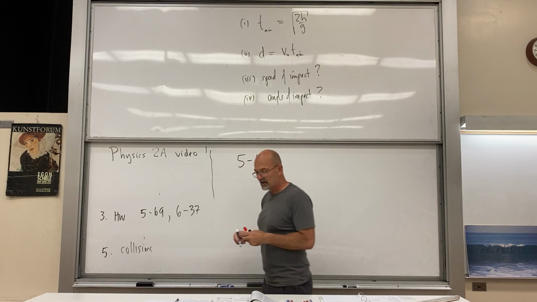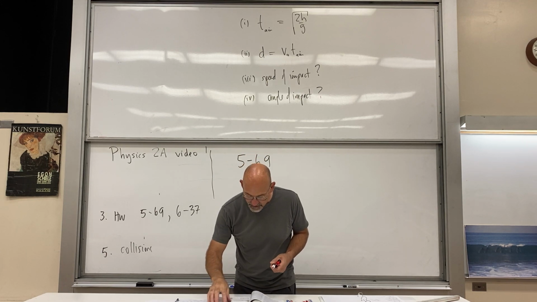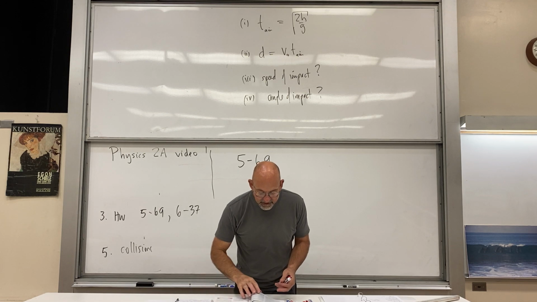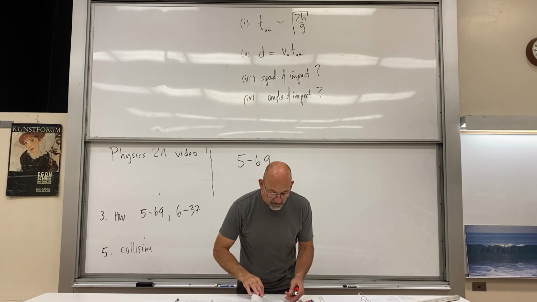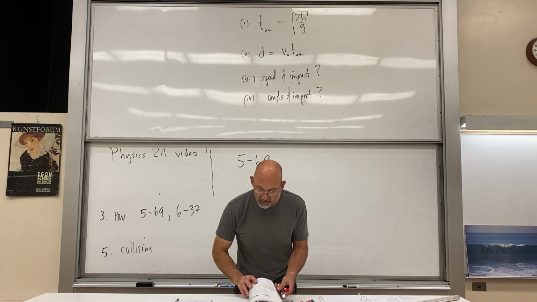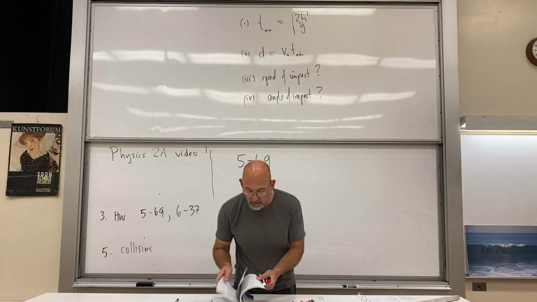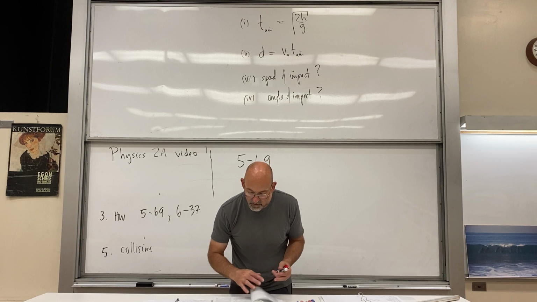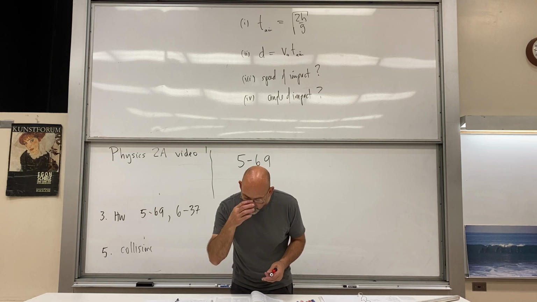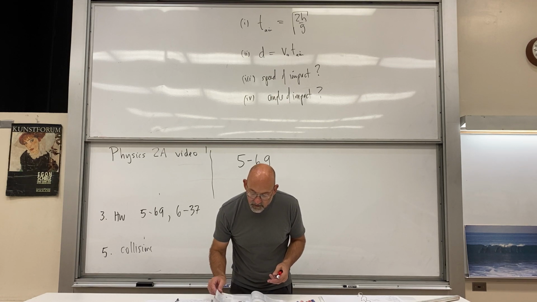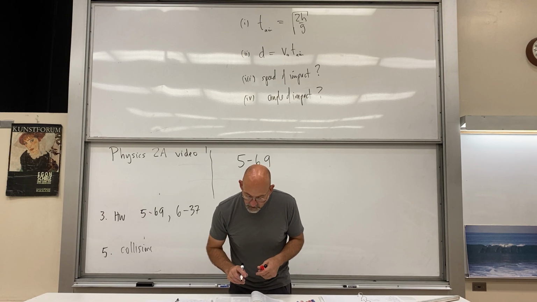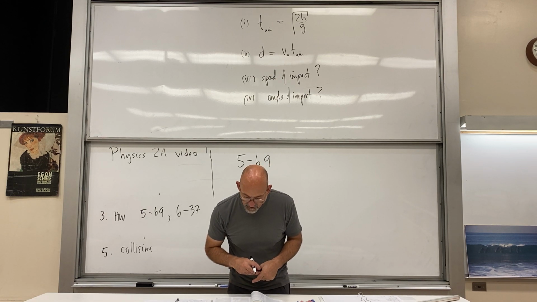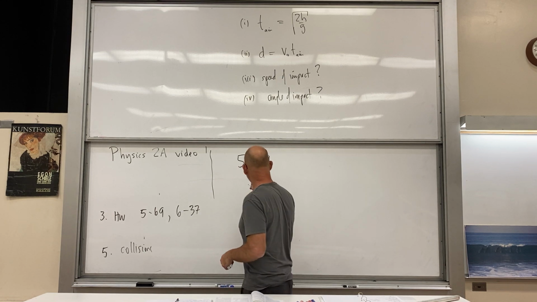So 569, that was that Atwood machine. I feel like I had done this one before, but let's look at it again. I'll just set it up. M1 is the greater mass than M2, et cetera. So let's just set this one up first.